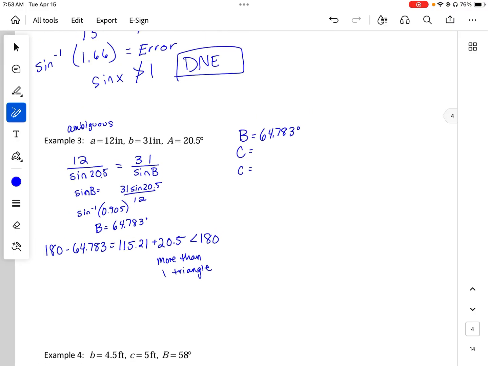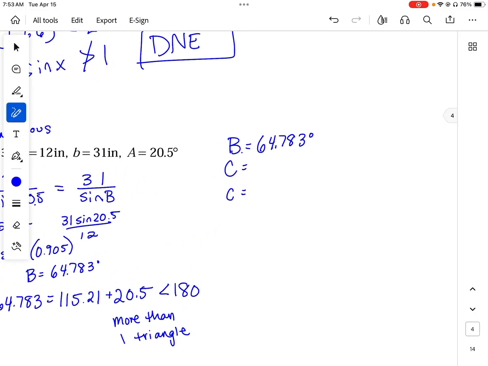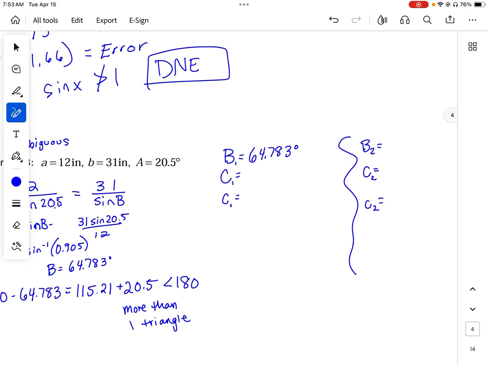There's not a unique triangle. All right, so what we're going to do is this is B1, this is C1, and this is little c1. And then we're going to have to find the second triangle, B2, C2, and little c2.